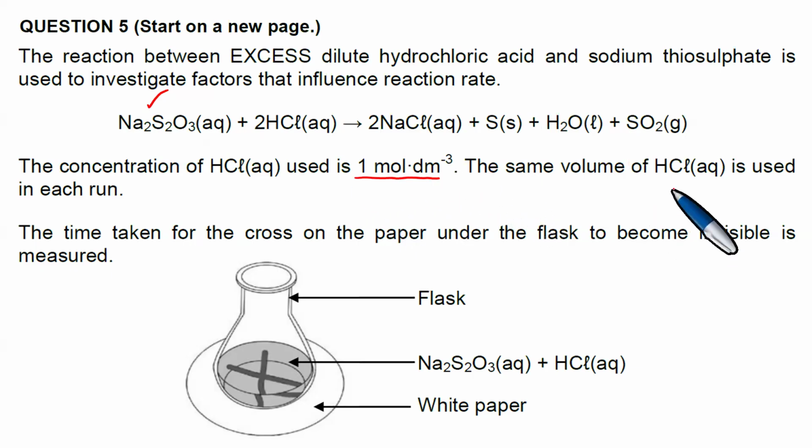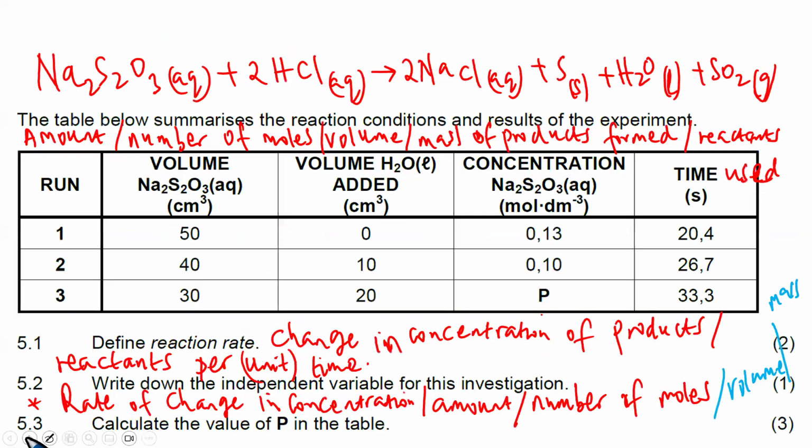The same volume of HCl is used in each run. The time taken for the cross on the paper under the flask to become invisible is measured.